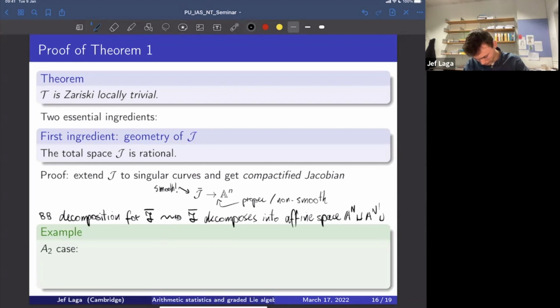So, it's a fact that curly J is dense in this compactified Jacobian. So this implies the result.